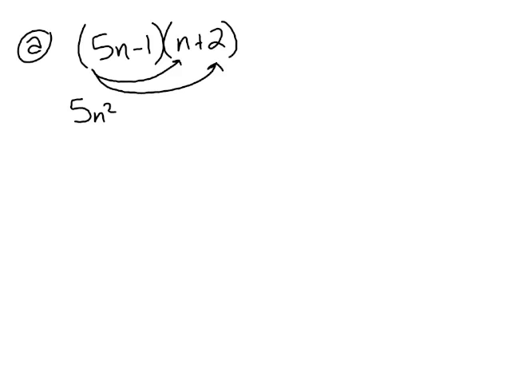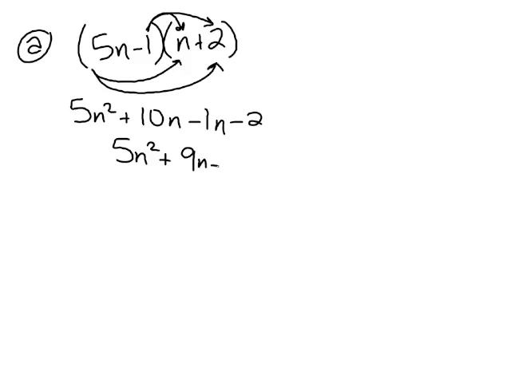Then there's my outer: 5n times 2, 10n. Here's my inner: negative 1n. And my last: negative 2. Then combine like terms: 5n squared plus 9n minus 2.